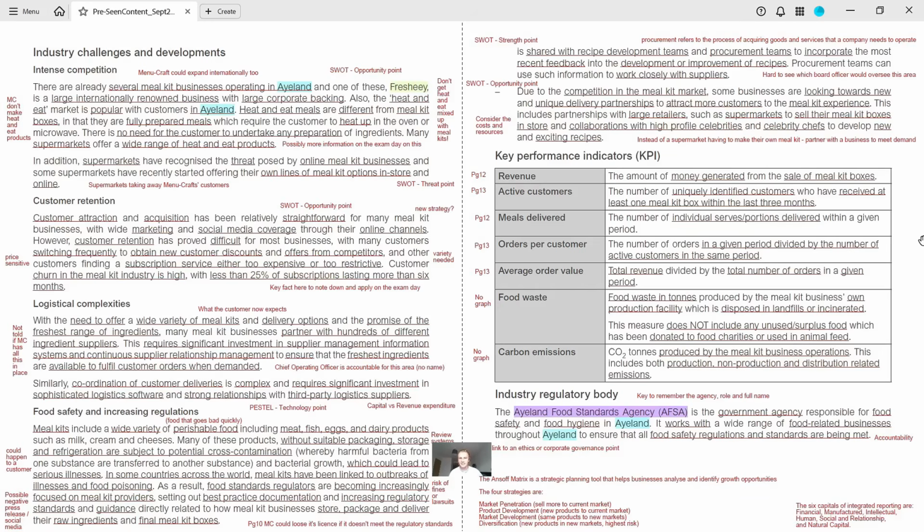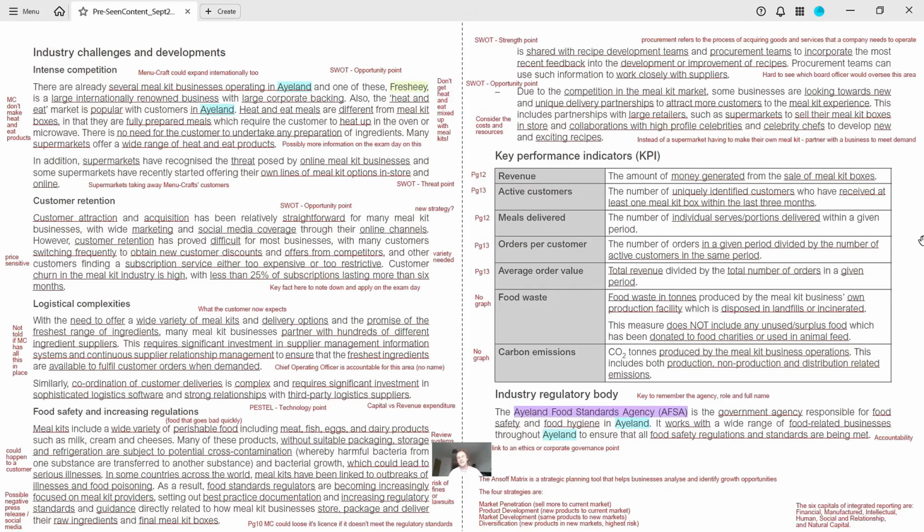So plenty of strengths there, developing the recipes, and lots of opportunities to work closely with suppliers and to build better ties. Due to the competition in the meal kit market, some businesses are looking towards new and unique delivery partnerships. So again, another opportunity here to attract more customers and the meal kit experience. So this includes partnerships with large retailers such as supermarkets to sell their meal kit boxes in store, and collaborations with high profile celebrities and celebrity chefs to develop new and exciting recipes.